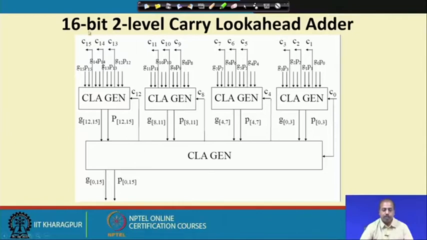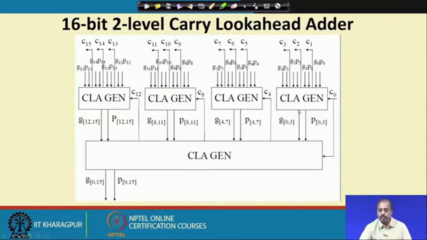Now, if we have got this carry look ahead generator 4 bit version, you can use it for 16 bit carry look ahead circuitry. So, we have got 4 such carry look ahead blocks connected, and they are getting say G0, P0, G1, P1, G2, P2, etcetera, and generating two signals, one generate signal and one propagate signal.